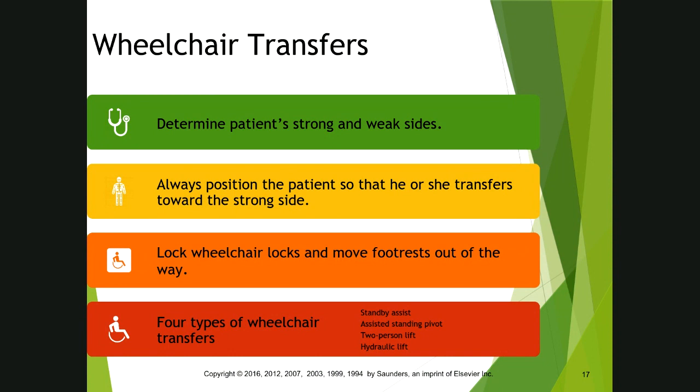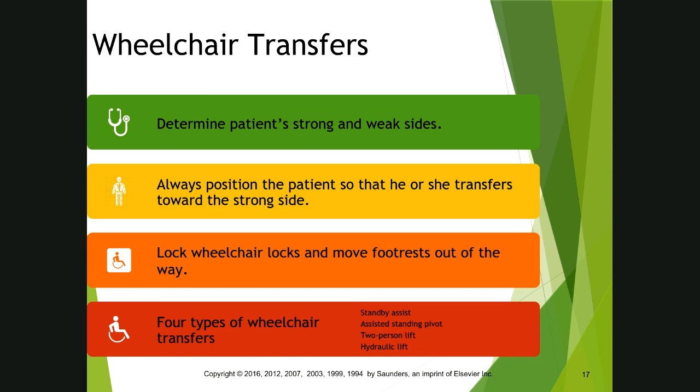There is the standby assist, which really their name tells you exactly what they do. Standby assist, you literally stand by and watch and assist the patient if needed. Assisted standing pivot, you're helping the patient stand up and pivot to get to the table. 2-person lift is what that last picture was. 2 people literally lift the patient.